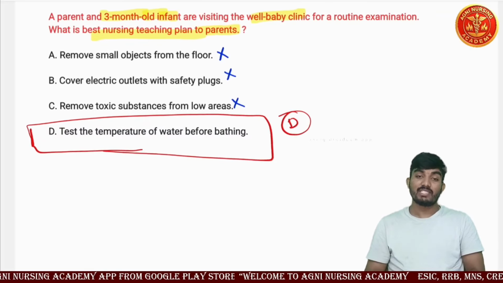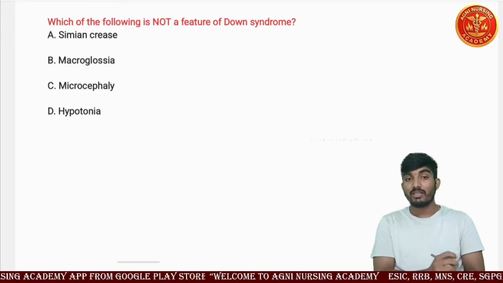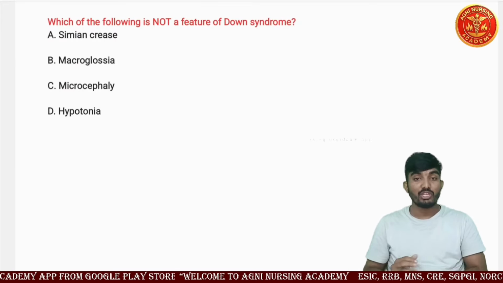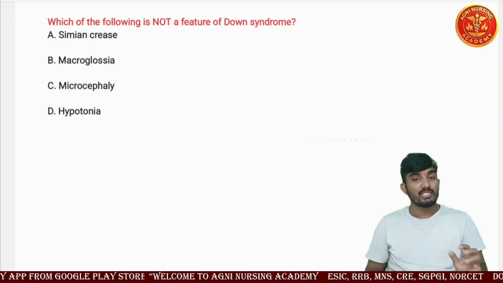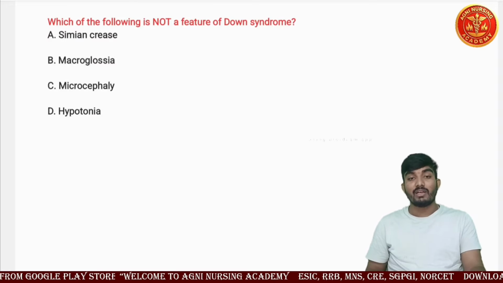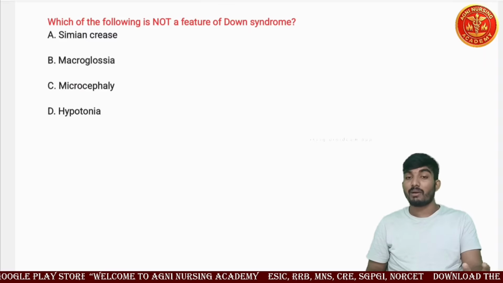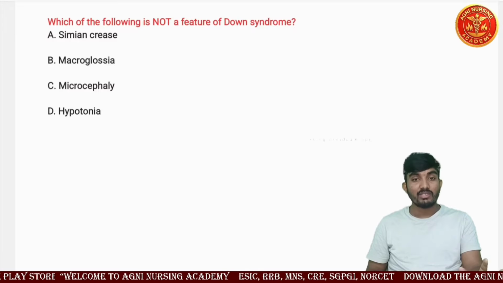Now we will see the next question. Which of the following is not a feature of Down syndrome? Option A, simian crease. Option B, macroglossia. Option C, microcephaly. And option D, hypotonia.